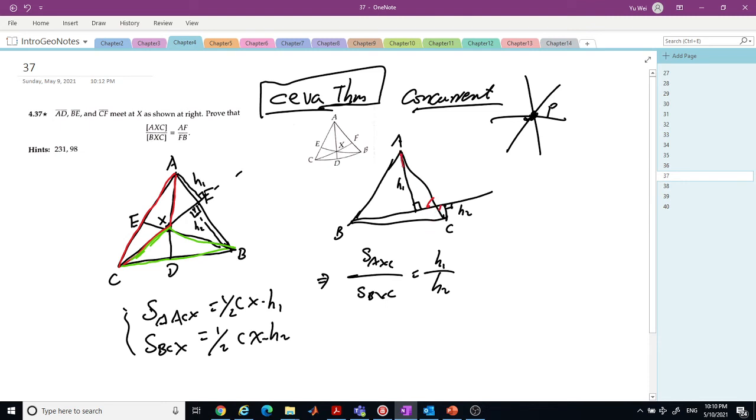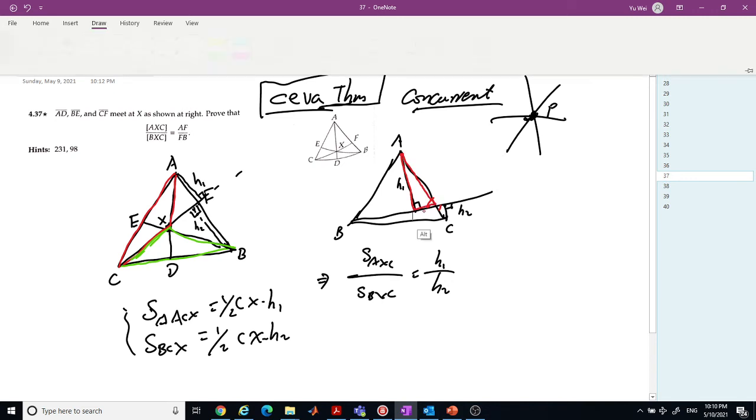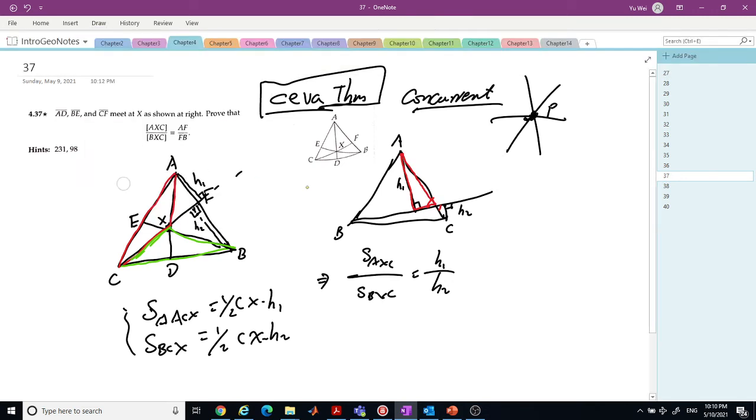So this triangle is similar to this triangle. That's why H1 over H2 is also equal to the hypotenuse AF over BF. I'm sorry, this is B, this is C.